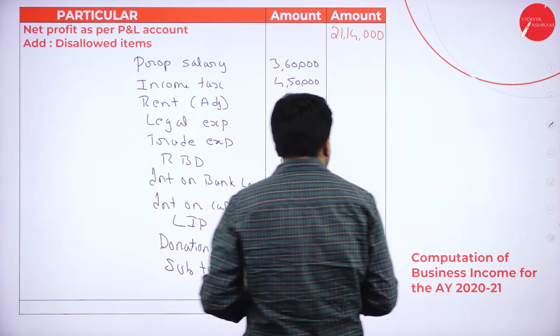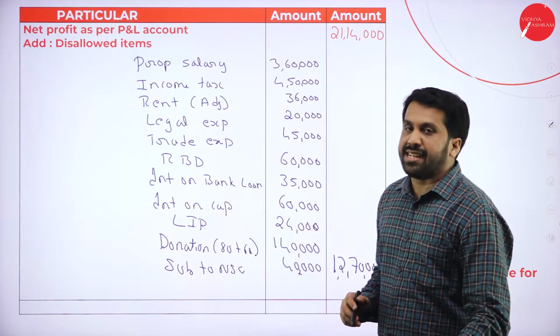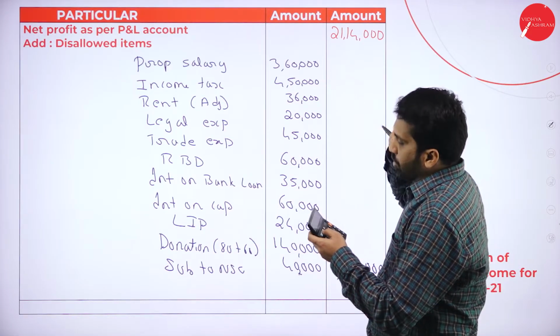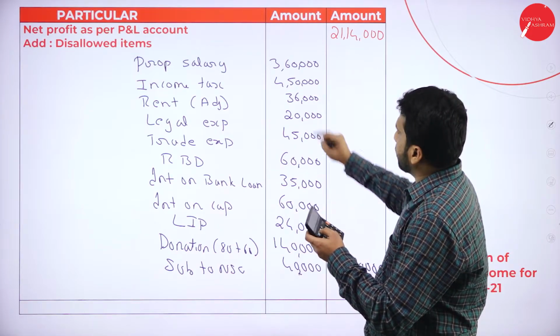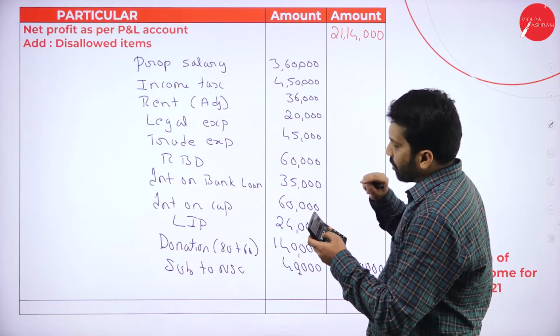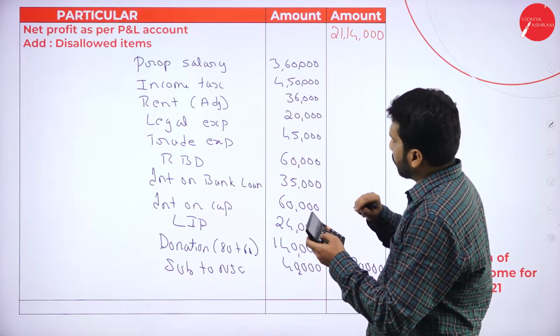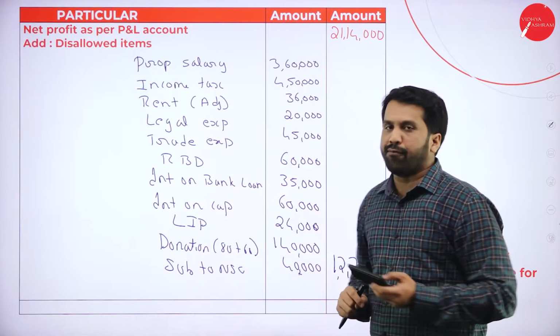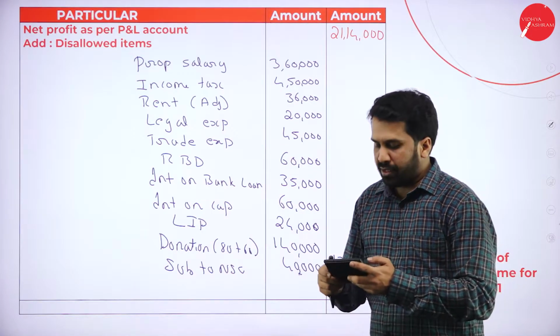So these are called disallowed items. I'll cross check once. 3,60,000, 4,50,000, 36,000, 20,000, 45,000, 60,000, 35,000, 60,000, 24,000, 1,40,000 and 40,000. Hope you are clear. Yes.